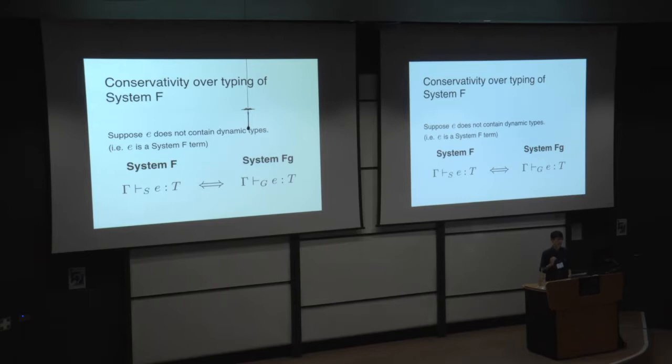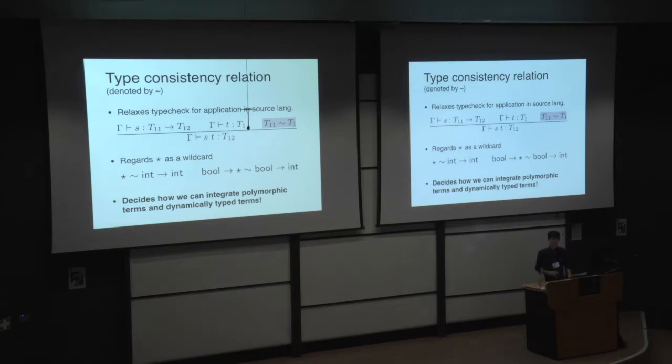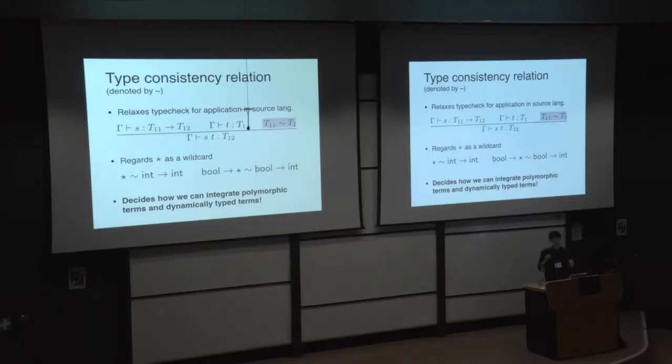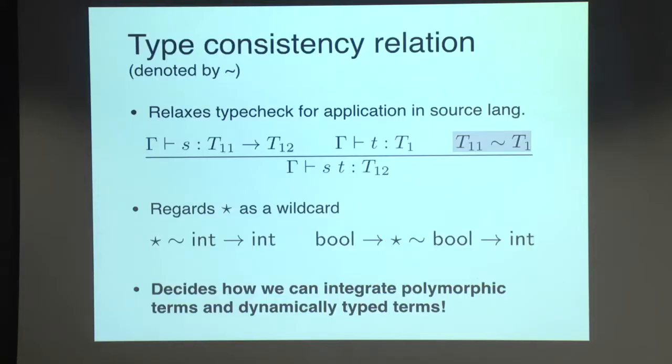However, a gradual type system has a special feature which may break this property. That is type consistency. It is used to relax the type check for function application in the source language. In ordinary static typing, the parameter type T11 and the argument type T1 should be equal. But in gradual typing, it is enough that they are consistent. This is the source of flexible typing.